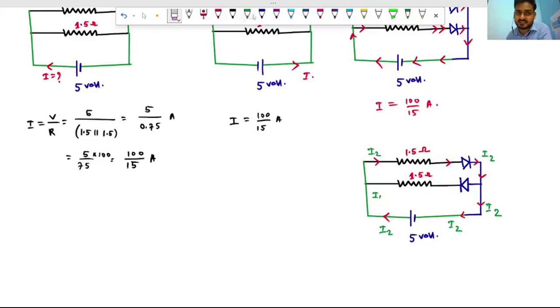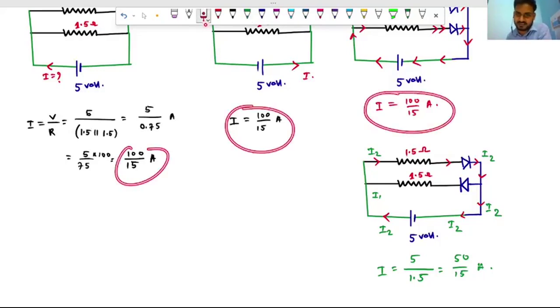Here let us calculate the current. What will be the current? Current I is equal to 5 volt over resistance. Resistance is 1.5 now. If we multiply by 10 in numerator and denominator, it is 50 by 15 ampere. So here actually the current is different from the earlier cases, isn't it?